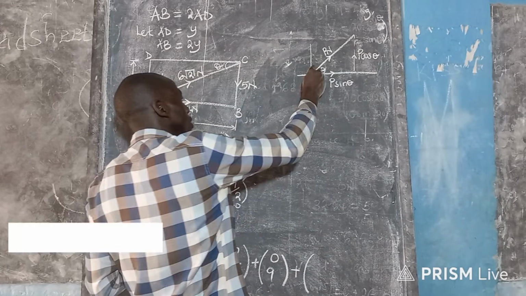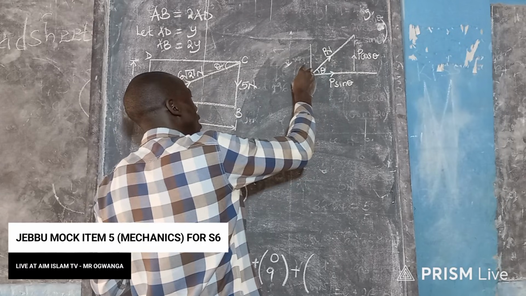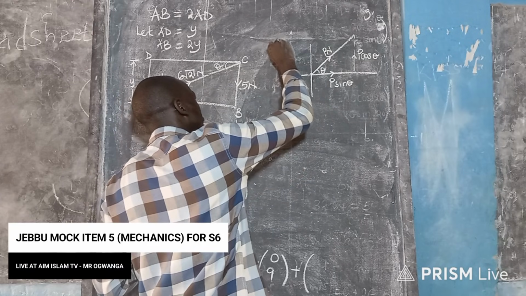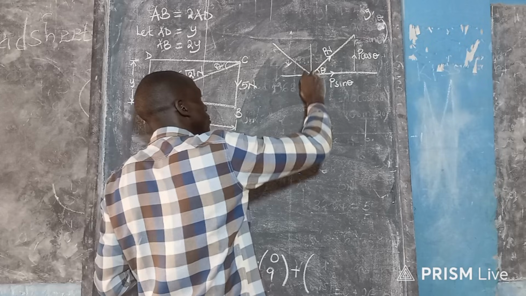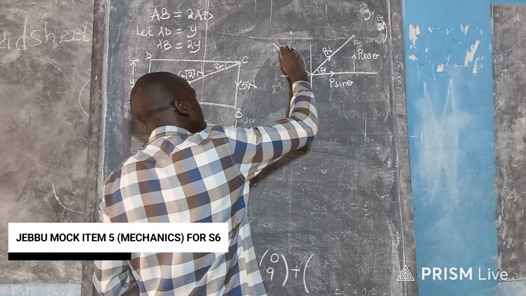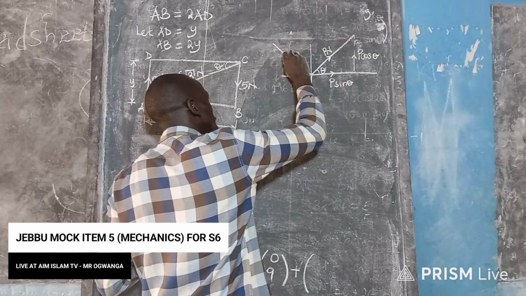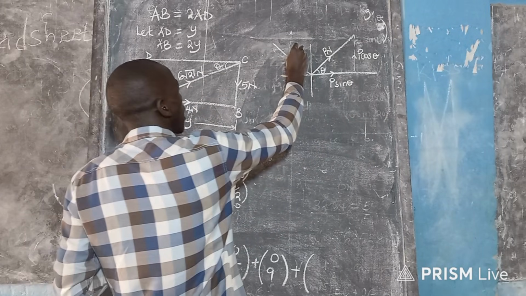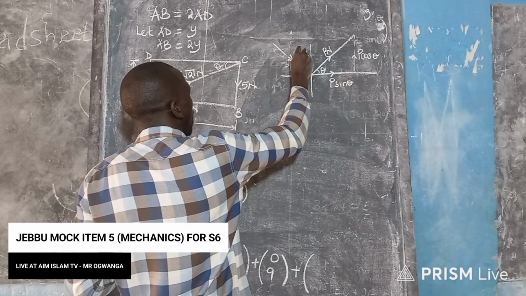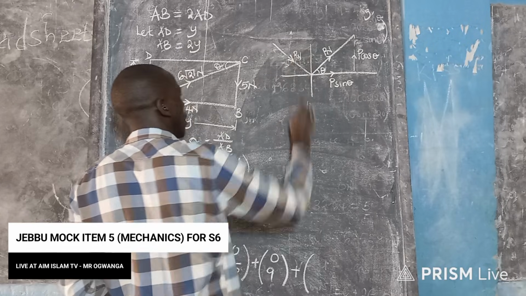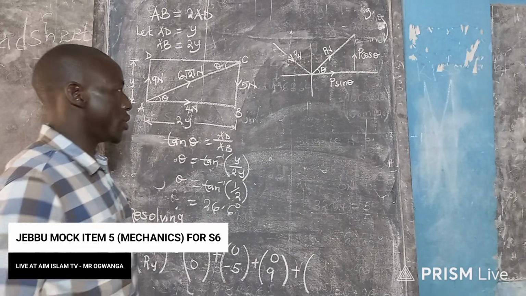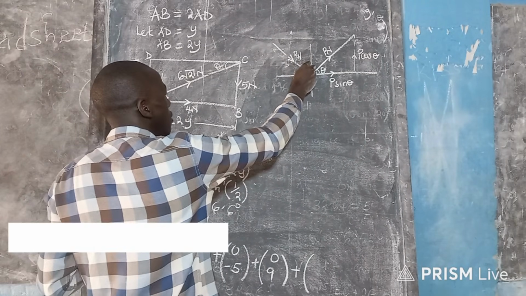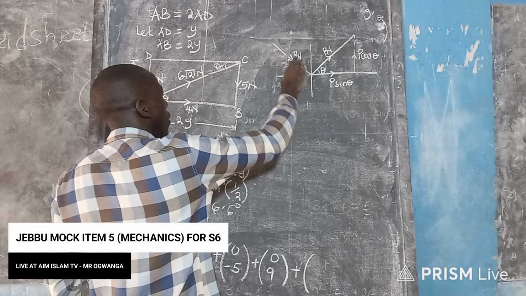And the next time someone may also find another force that may also be acting in another way. So you realize that when you look at this force, let me assume that it is acting this side. I'm going to give it a side of R Newton. Even this one still, I have to resolve it with the horizontal.